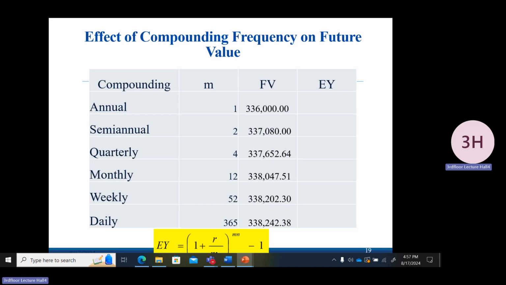Your effective rate for semi-annual compounding is 12.36. So you are getting an extra 0.36 per annum. That is an advantage for you.